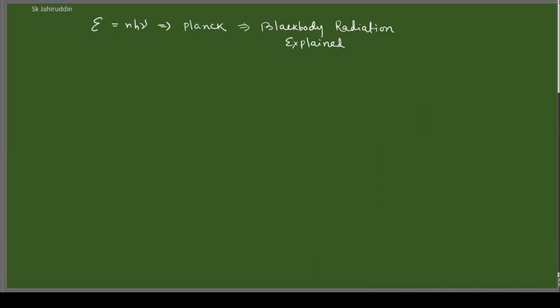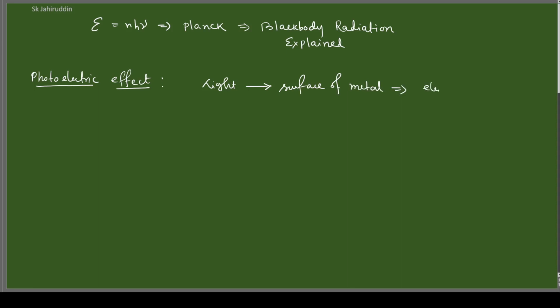So I remove myself from the screen. The photoelectric effect was a phenomenon which, briefly, I tell you: light incident on a surface of metal, semiconductor, whatever, initially we say metal, and electrons are emitted.